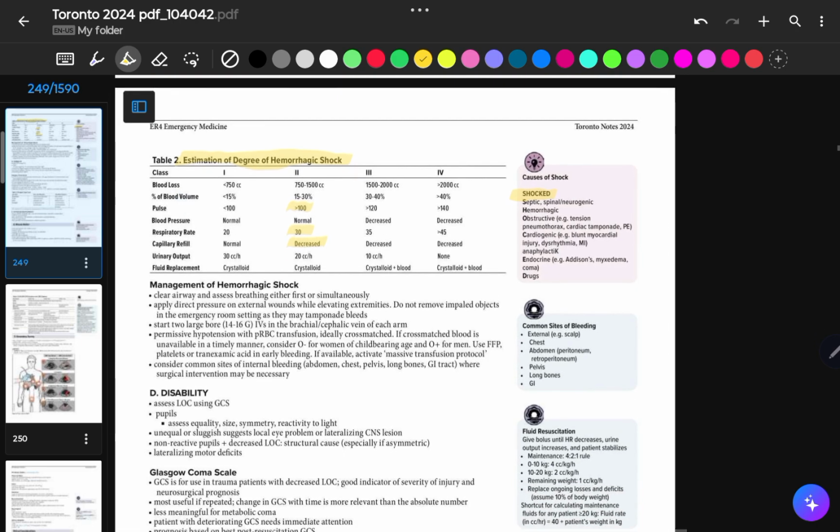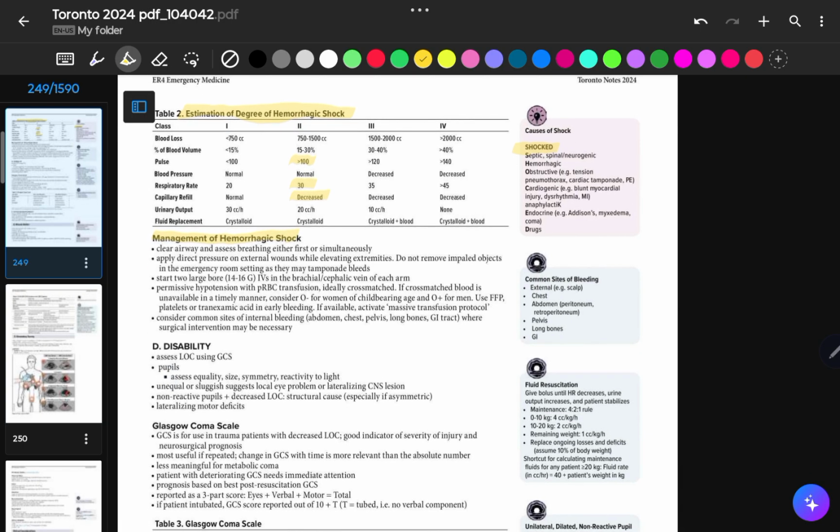So what is the management of hemorrhagic shock? So first, we want to clear the airway. Remember, we always start with A, B, C, D, E, right? So A, you want to clear the airway and assess your breathing, either first or simultaneously. Then you want to apply direct pressure to any external wound while elevating the extremities. Do not remove any impaled object.